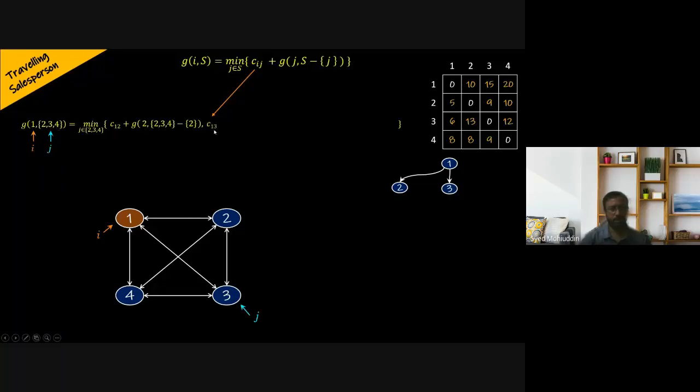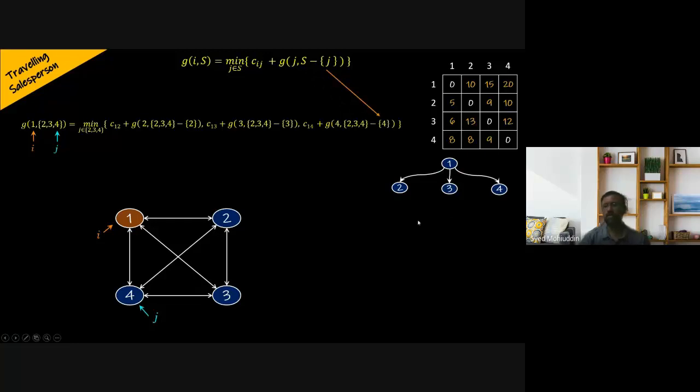So the cost of 1 comma 3, because now j is 3, plus G of 3, that is j, and S, the set 2, 3, 4, minus j, which is vertex 3. Then similarly, we have to do it for vertex 4. For vertex 4, we have the cost from vertex 1 as C of 1 comma 4 plus G of 4, that is j, and the set S, 2, 3, 4, minus 4, that is vertex 4.